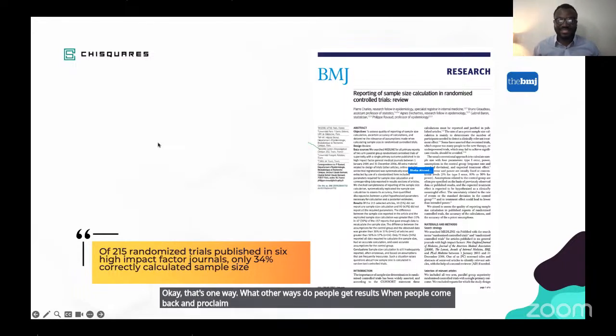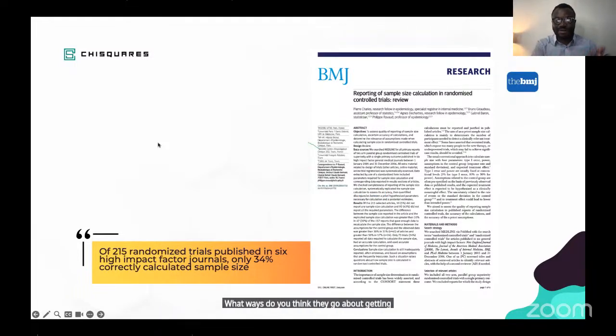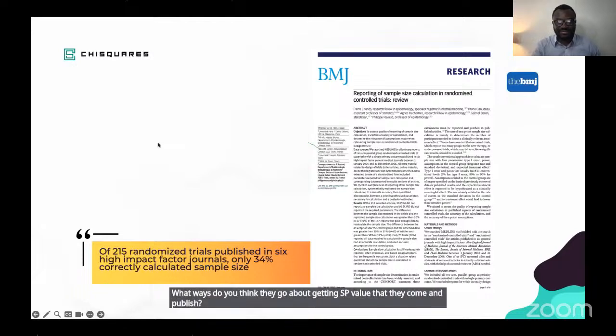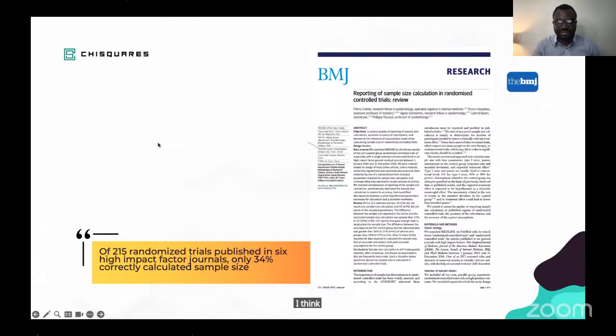What other ways do people get results when they come out and proclaim that, oh, our results are significant? People who are so desperate about p-values. What ways do you think they go about getting this p-value that they come and publish? I think they manipulate or falsify. Okay, how exactly?